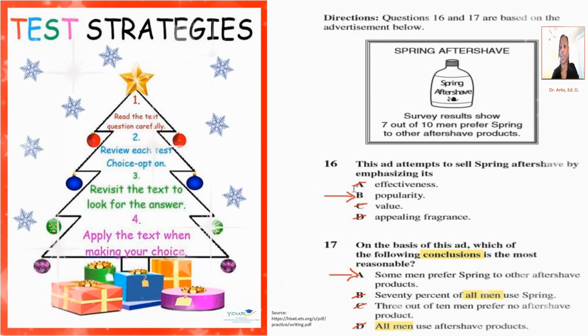Okay, always reread your question as well as your options. And then you want to choose the option that is most related to your text. So you want to make sure that you depend on your text to answer your question. Okay, so that you're able to eliminate the other options that do not apply, as we have done here.